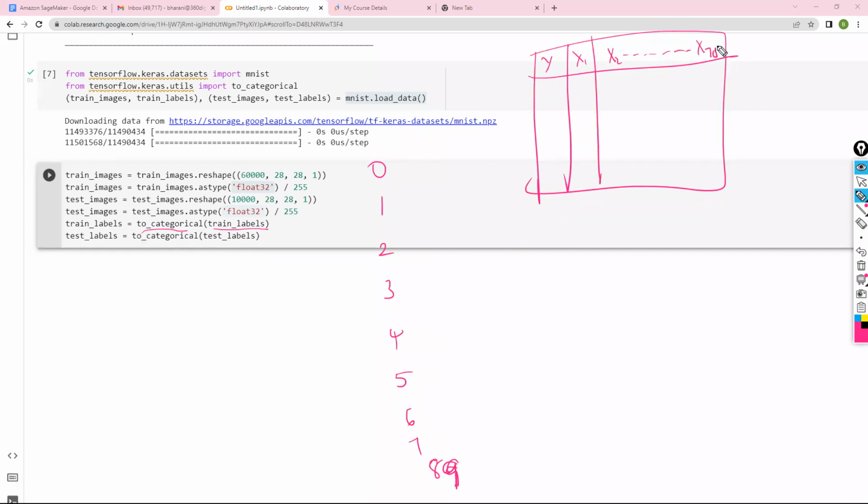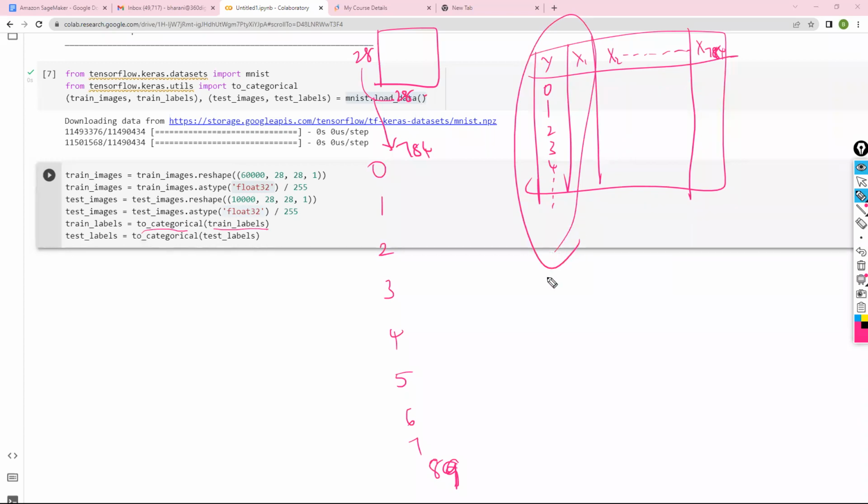You'll have 784 inputs, because each image is of size 28 by 28. 28 multiplied by 28 would give you 784. Those many inputs you'll have, and in the output you'll have 0 or 1 or 2 or 3, and so on and so forth. This part, we need to do one hot encoding.